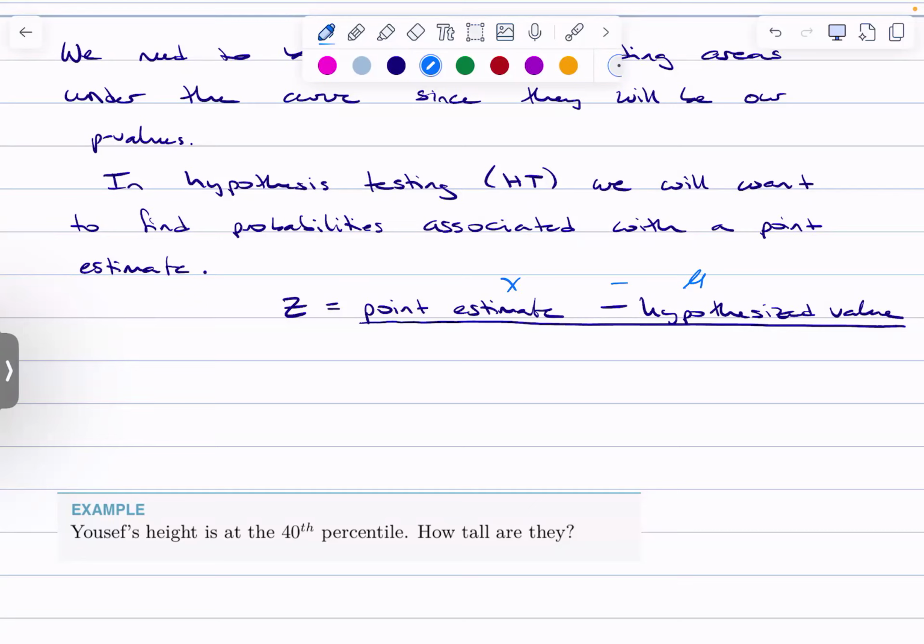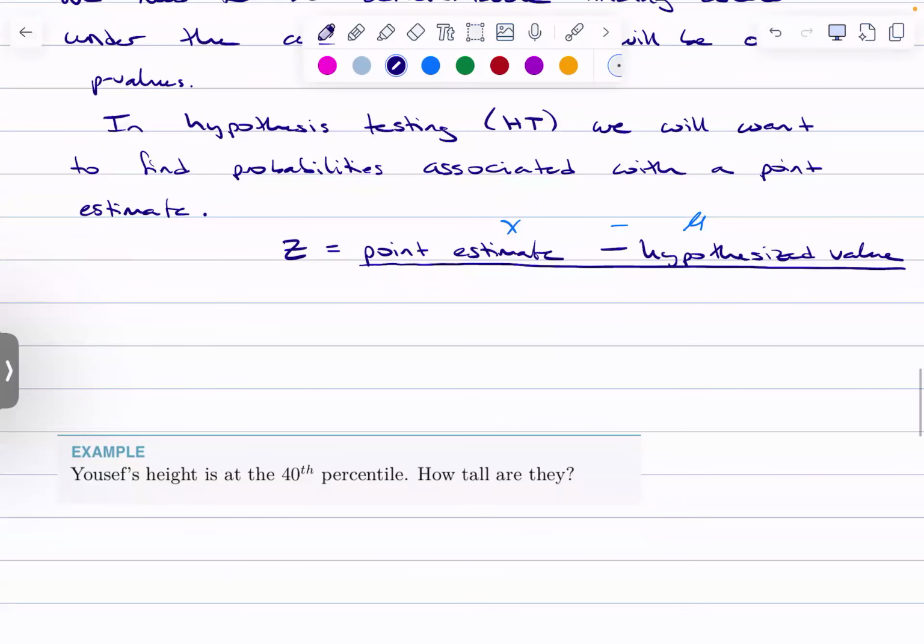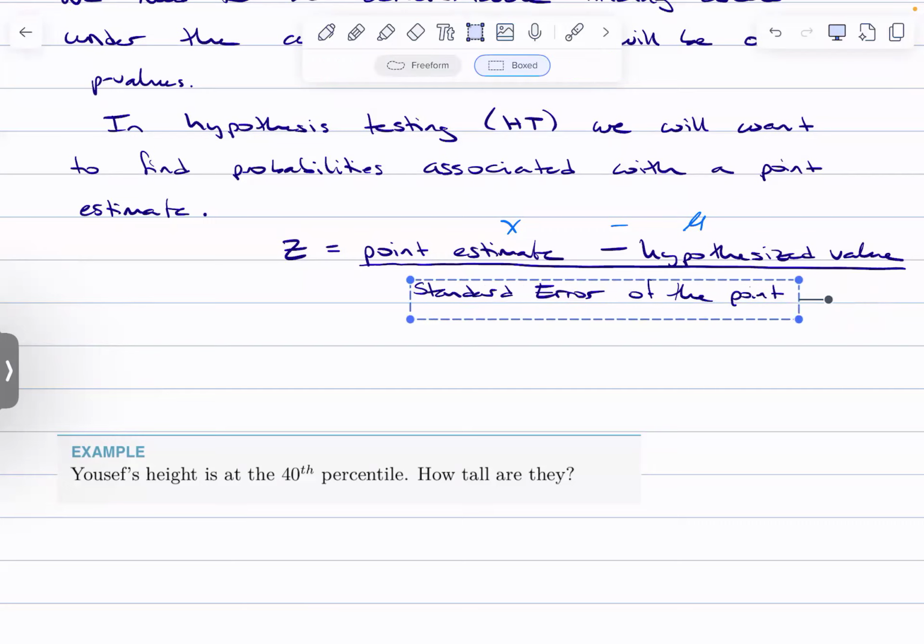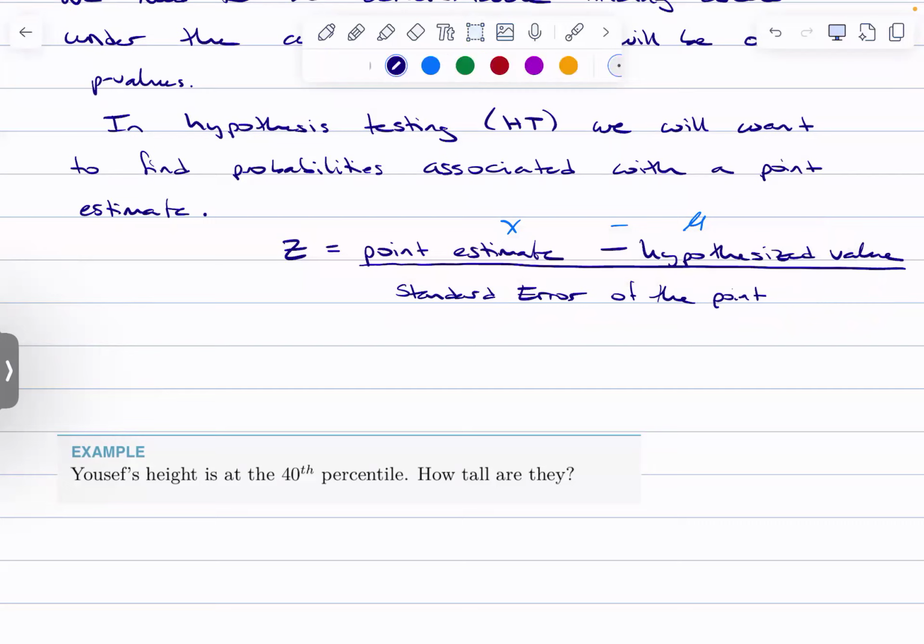And instead of dividing by sigma, we're going to divide by the standard error of the point estimate. That point estimate is going to have some spread, which is going to take the place of sigma.